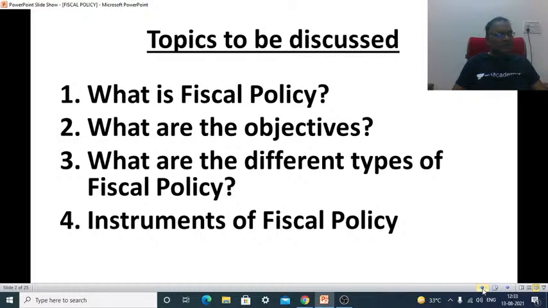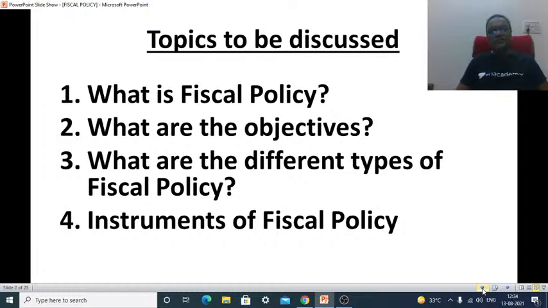So, when we talk about the expenditure policy of the government, broadly, the expenditure of the government can be divided into two categories. One is revenue expenditure, the other one is capital expenditure, like we have divided receipts into revenue receipts and capital receipts.